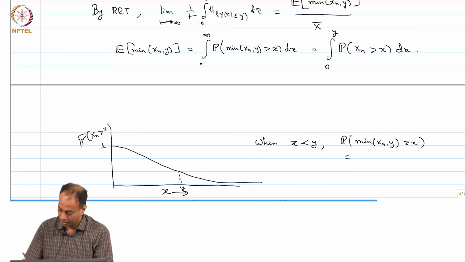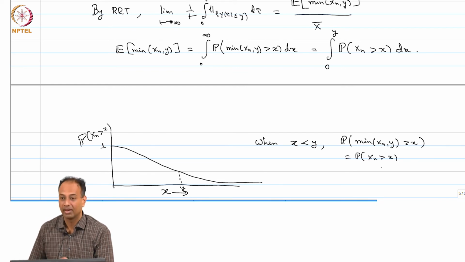It will simply be the probability that x n is greater than x, correct.